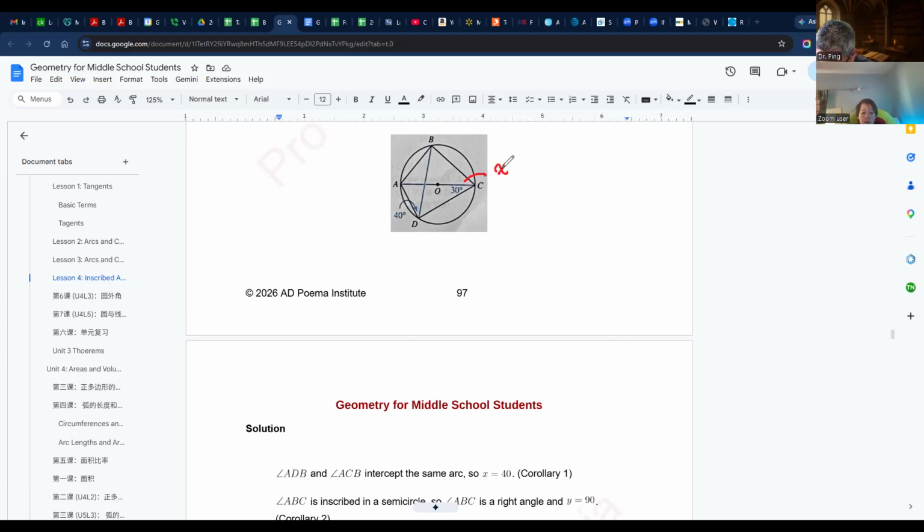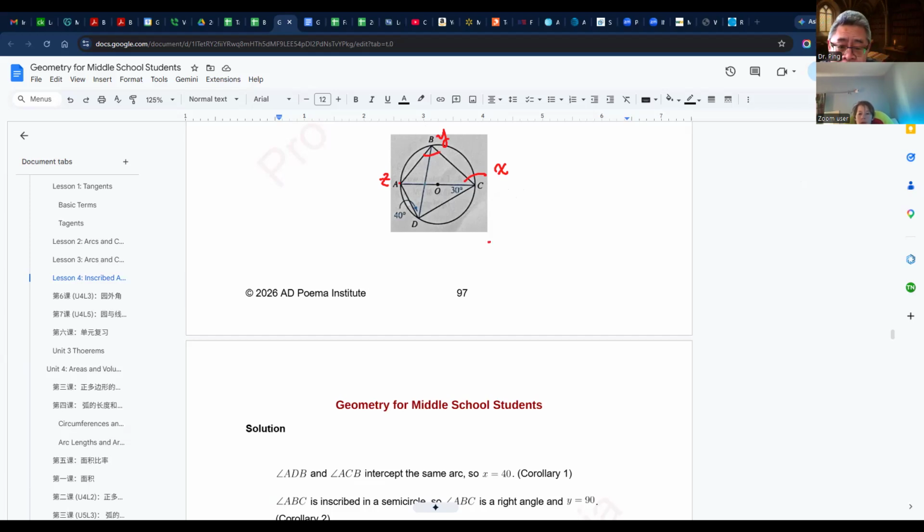And y is A, B, C. This is y. Oh, we're talking about this angle. And z is x plus 3. Z is here, this angle. I need to change this.